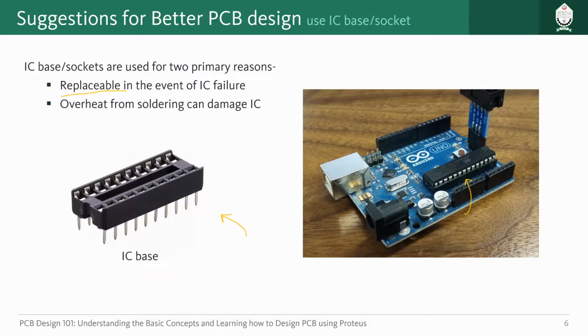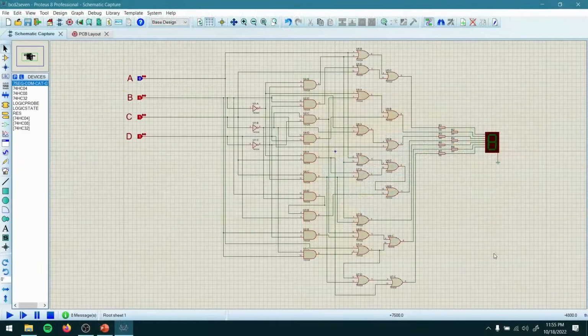And now we are going to learn how to design PCB using our software Proteus. So this is Proteus and we are going to design a PCB here. The circuit you are seeing, this is basically just a BCD to 7 segment circuit.